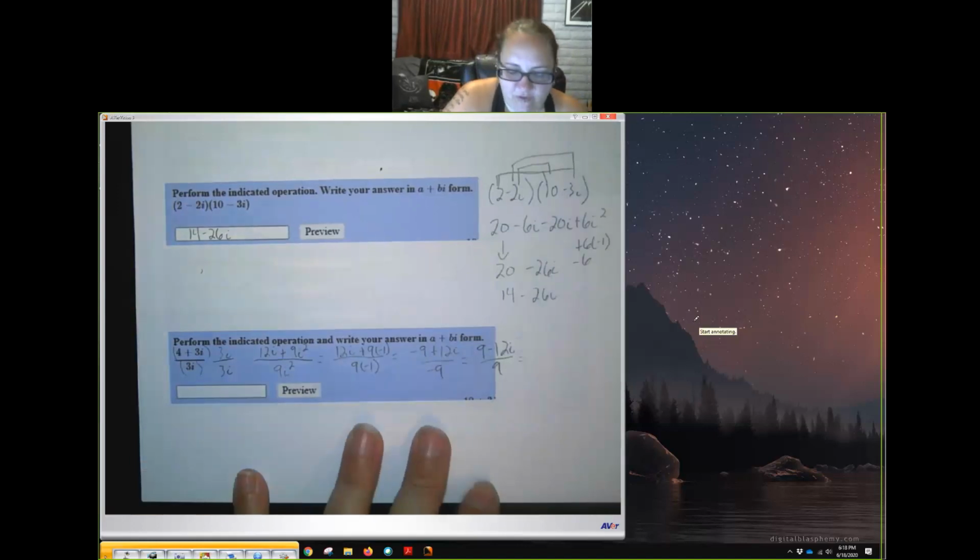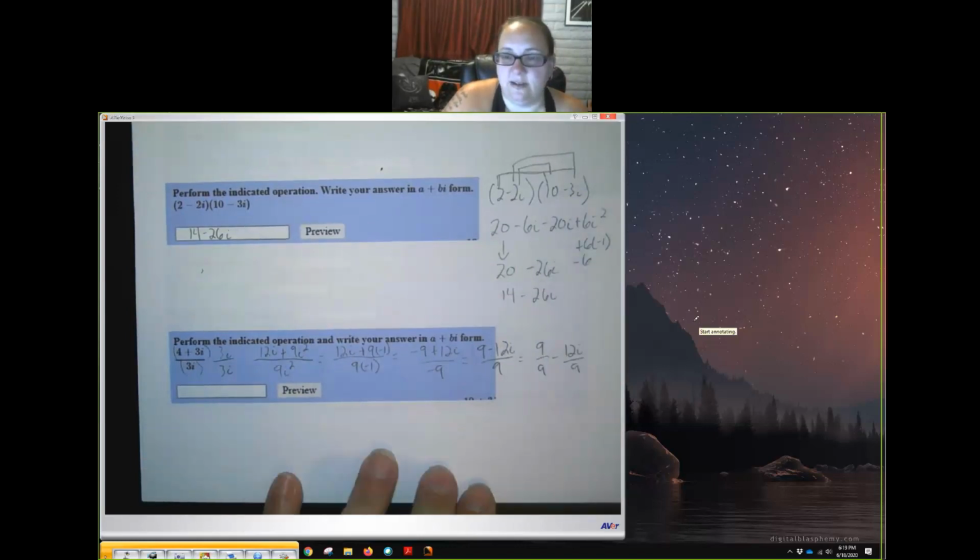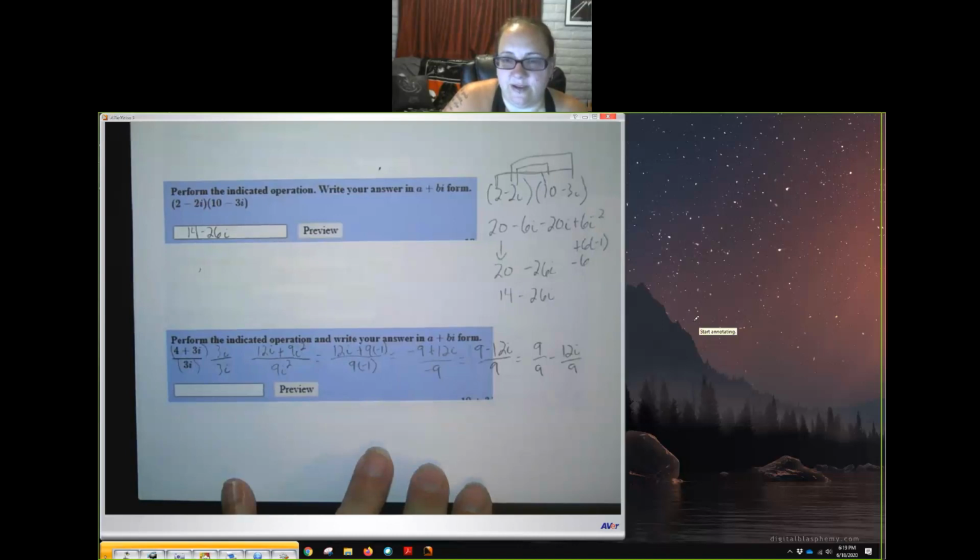For a plus bi form, you'd split this and make it 9 over 9 minus 12i over 9. And so 9 over 9 is 1. And then 12 over 9 reduces to 4/3. And so that's your final answer.